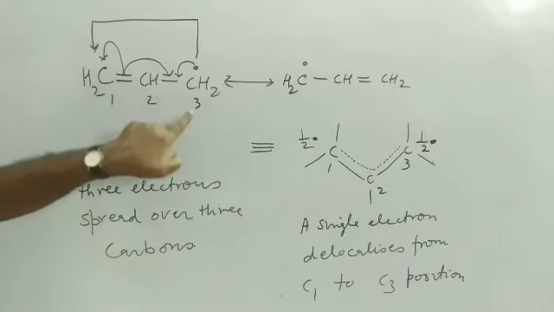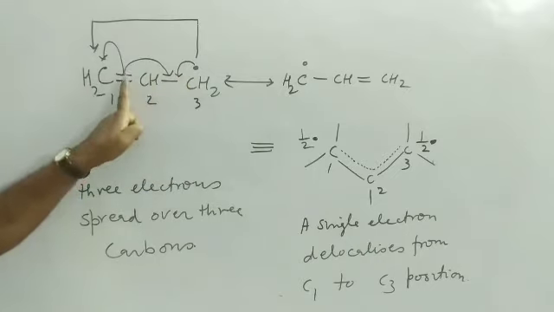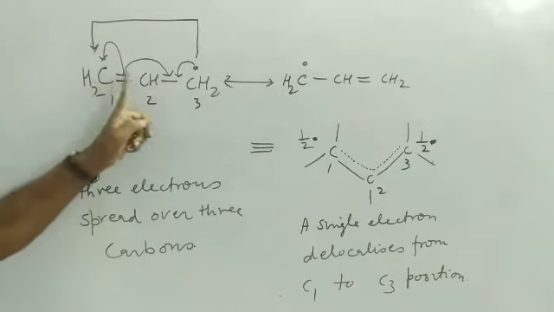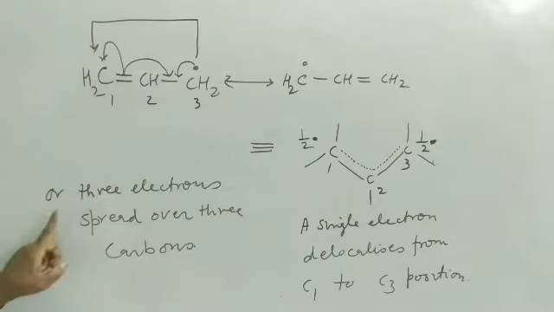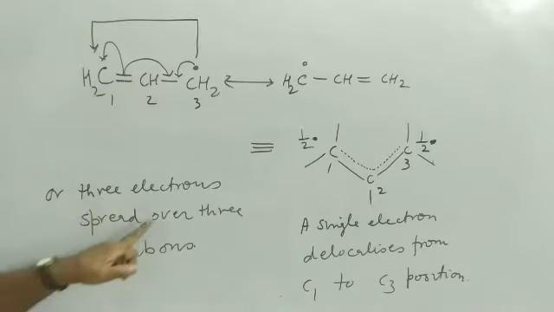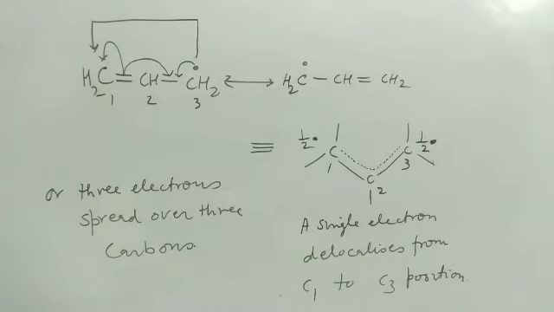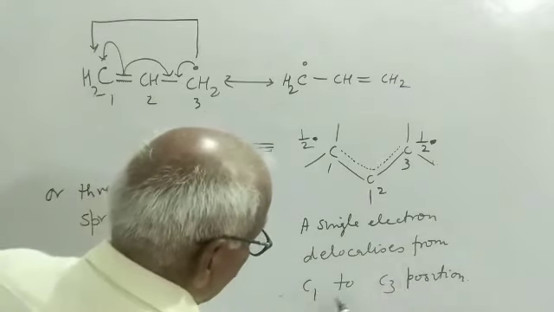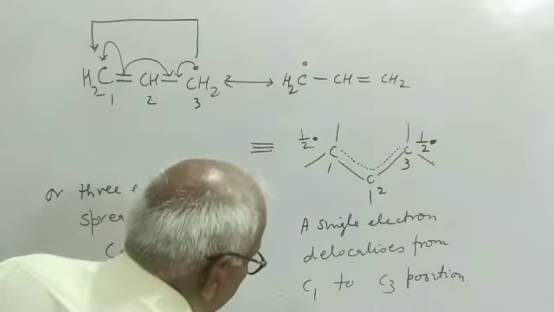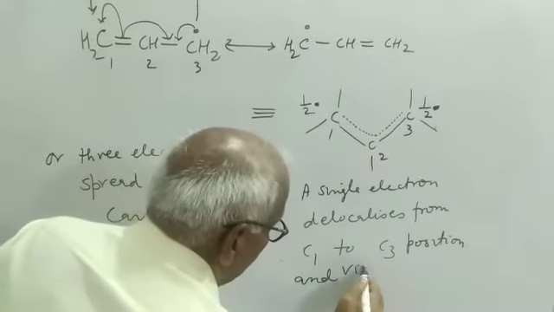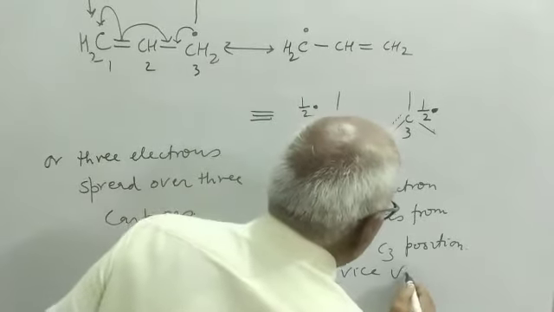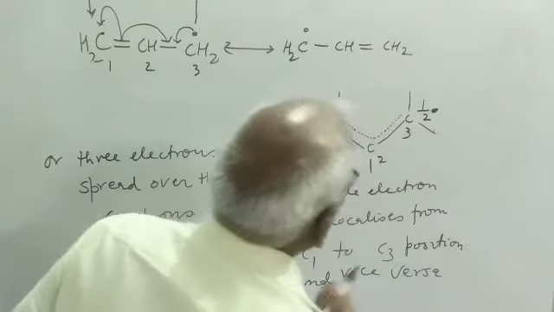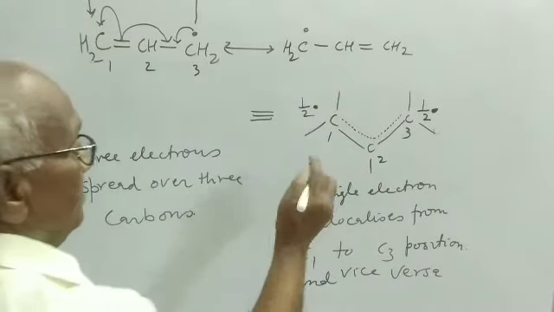So total number of electrons are 3, 1 and 2, and 3 electrons are spread over 3 carbon atoms. The 3 electrons are spread over 3 carbons, and a single electron delocalizes from C1 to C3 and vice versa. This is important. This is the resonance hybrid.